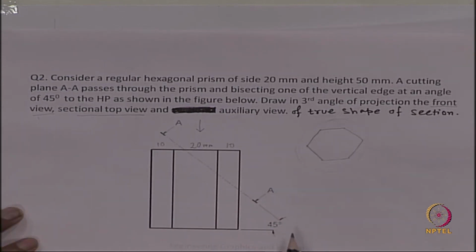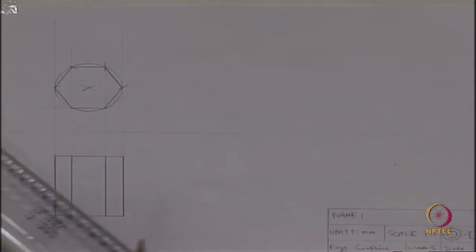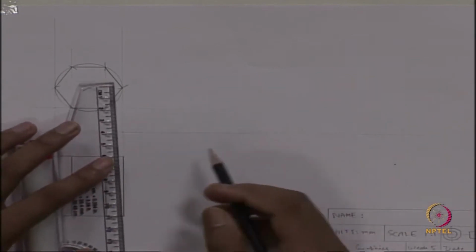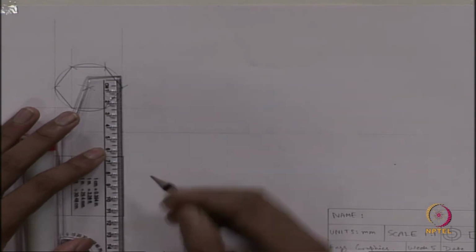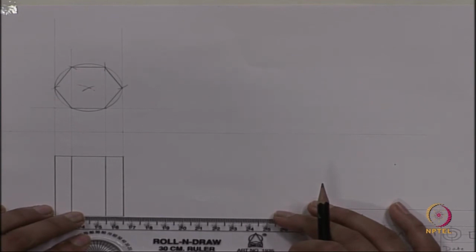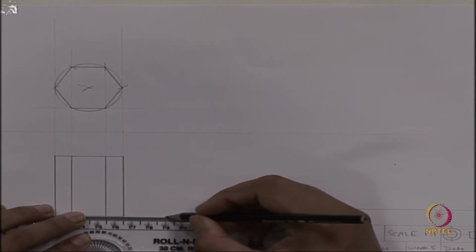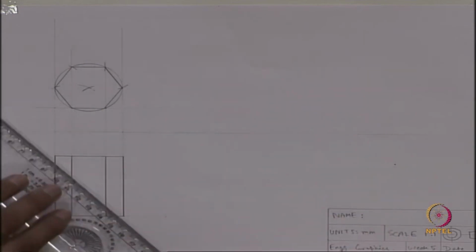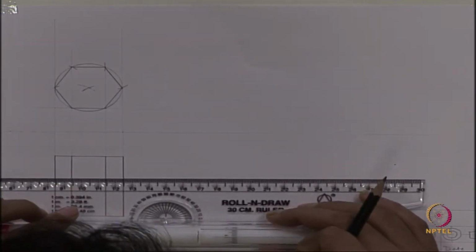The cutting section is at an angle of 45 degree. We can use this for getting the angle.